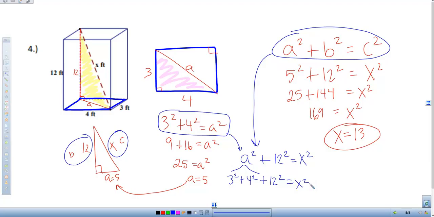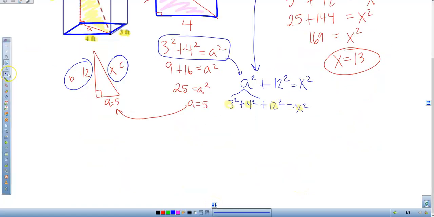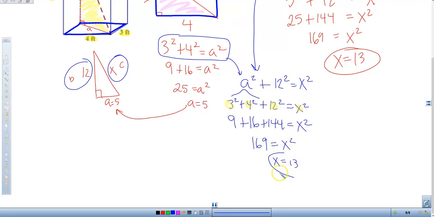What you'll notice is all I've got here is all the original dimensions of my prism. 3 squared plus 4 squared plus 12 squared equals the length of that diagonal squared. So when I evaluate that, I get 9 plus 16 plus 144 is equal to X squared, which gives me 169 is equal to X squared, and I get X is 13.